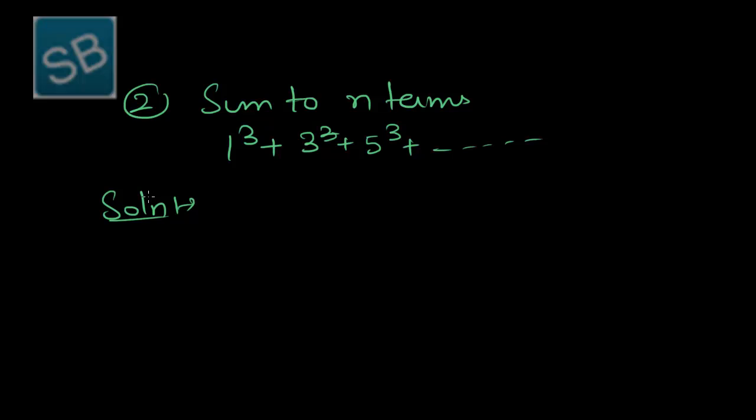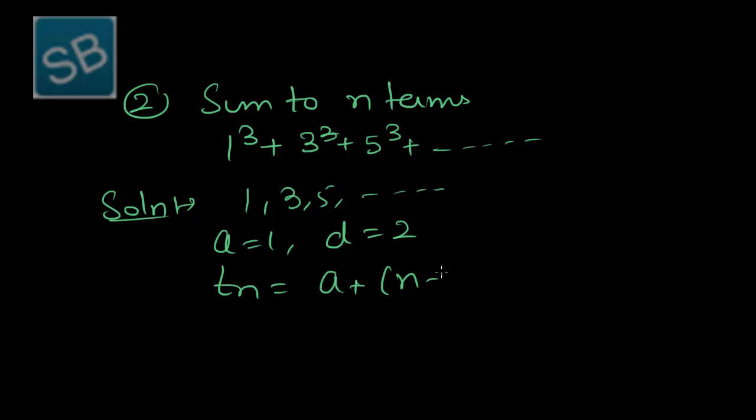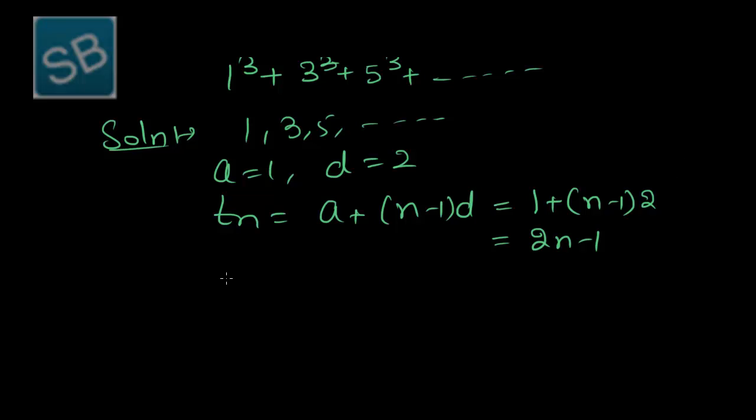First of all we will find the nth term of this series, that is 1, 3, 5 and so on. Here a is 1 and d is the common difference, that is 3 minus 1 is 2. So its nth term is a plus n minus 1 d, which gives 1 plus n minus 1 into 2, that is 2n minus 1. This is the required nth term of this series.